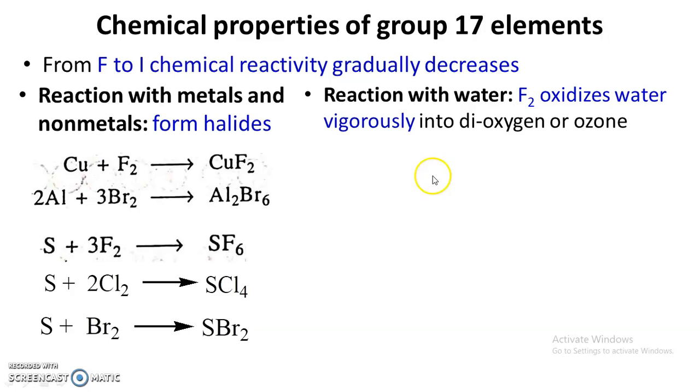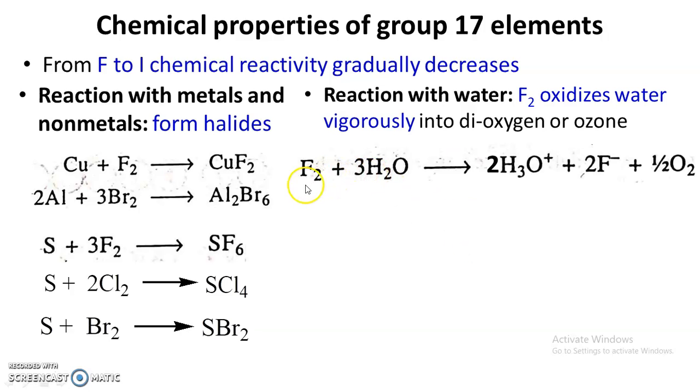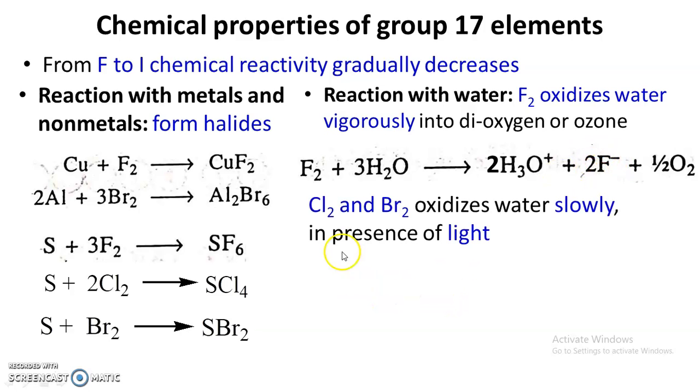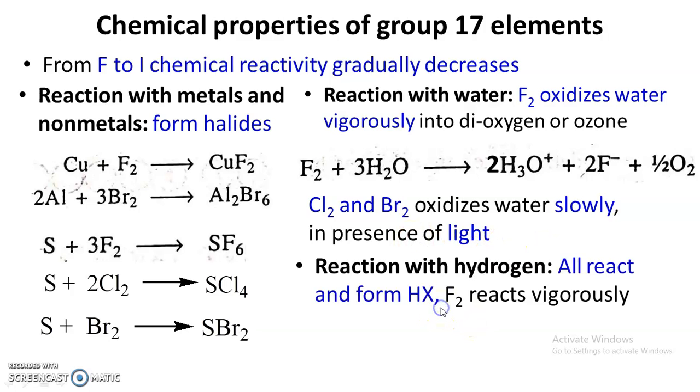Now reaction with water. Fluorine vigorously reacts with water and it oxidizes water into dioxygen or ozone. As soon as fluorine gas is passed through water, there is an evolution of oxygen gas and a formation of fluoride ions. Chlorine and bromine oxidize water slowly in presence of light. Now reaction with hydrogen.